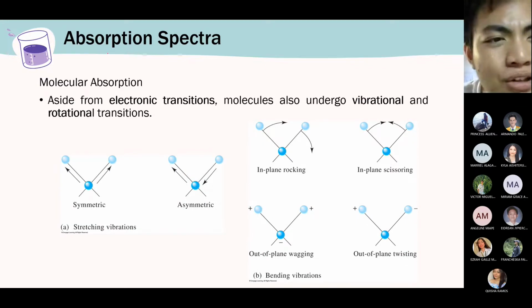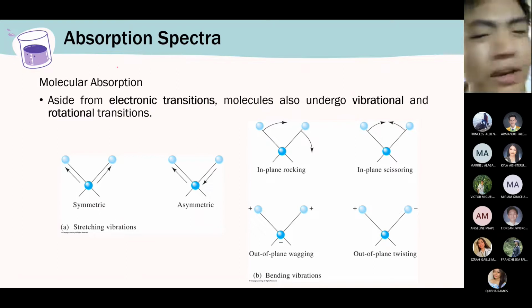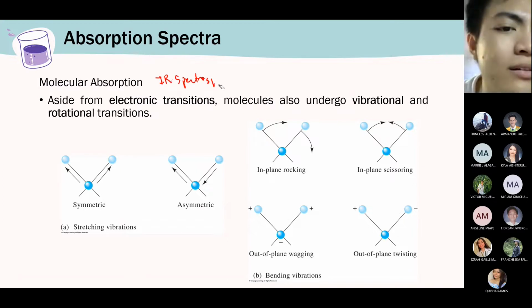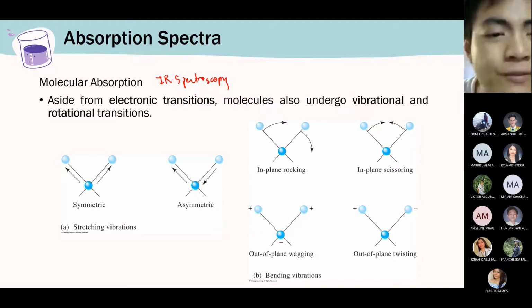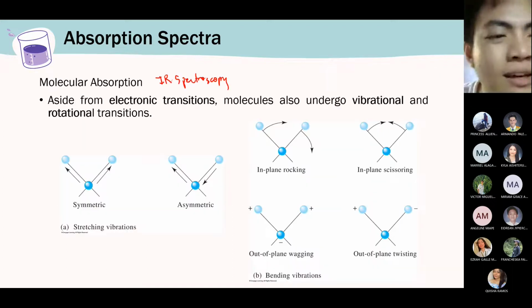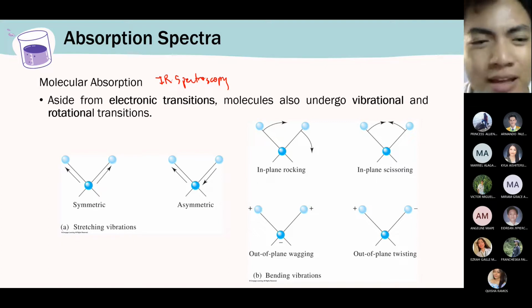Another application of absorption spectra is molecular absorption, which is infrared spectroscopy. Earlier was UV-Vis spectroscopy, where matter absorbs light so we can quantify the concentrations. In molecular absorption, used in IR spectroscopy, you introduce infrared light to your matter, and that infrared light can cause your matter to vibrate.